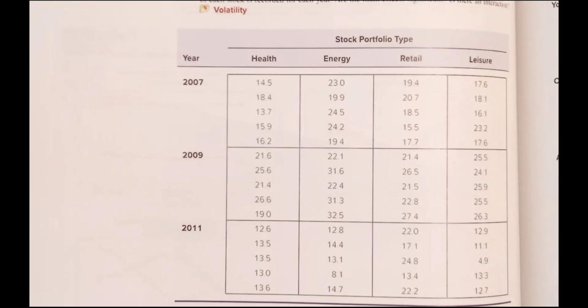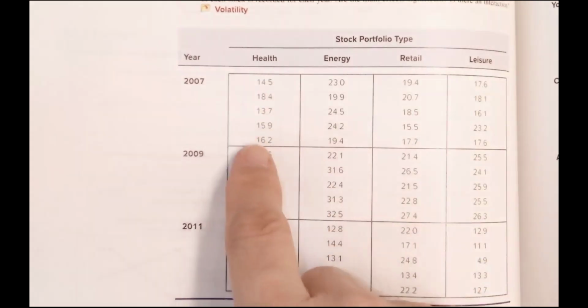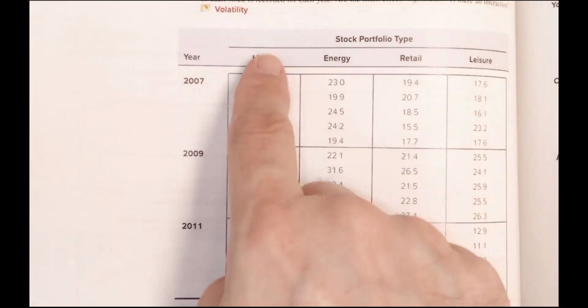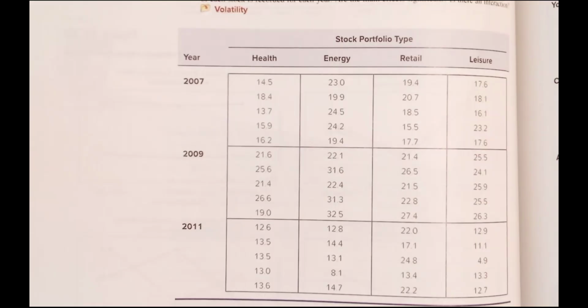Exactly. I take the standard deviation, I divide it by the average, and I multiply by 100 to give it as a percentage. So this set of 2007 stocks in the health portfolio had those coefficients of variation.